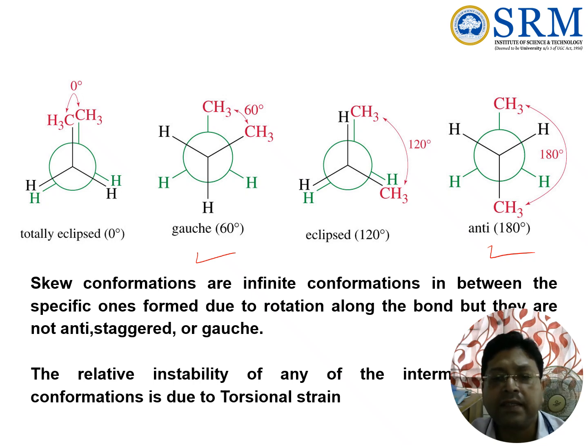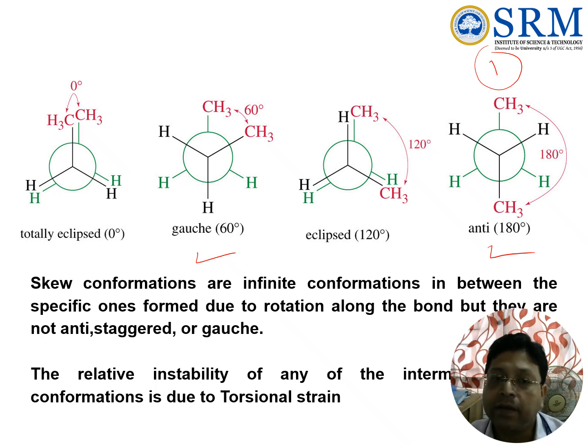So if we see the stability, which is more stable, first of all I told that between staggered and eclipse, staggered conformation is more stable. Eclipse is high in energy. So if we consider the relative stability, the most stable conformation is this one. First of all, it is staggered, and second, this methyl and this methyl are in the anti orientation.